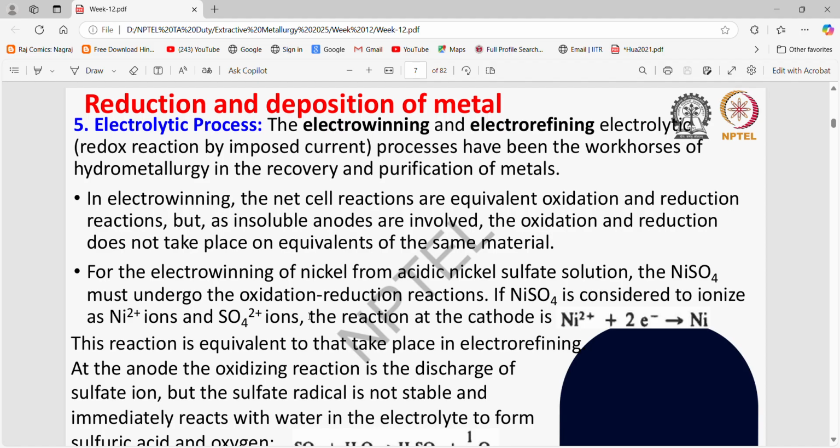In this electrowinning process, for example, we have dissolved copper ions inside a liquid solution. We are trying to recover that copper by applying some external voltage with the help of an anode and cathode.